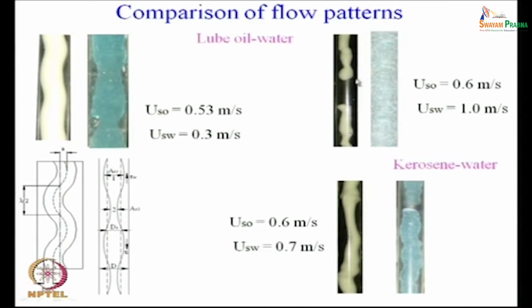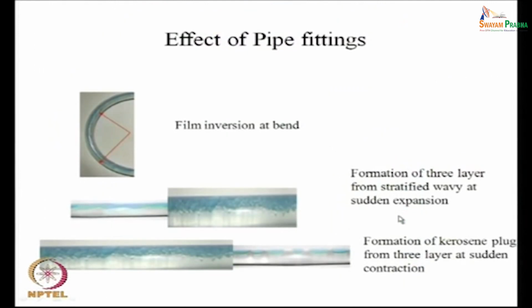So, you can see the differences in distribution between lube oil water and kerosene water flows under identical flow velocity conditions and same pipe diameter, for downflow situations. You can notice the differences in flow patterns just by a change in the viscosity of the oil that we have used.